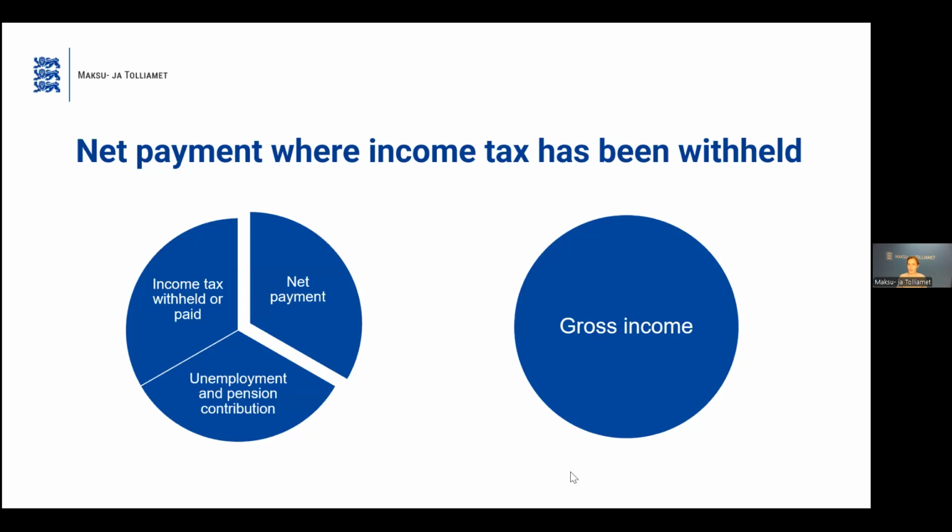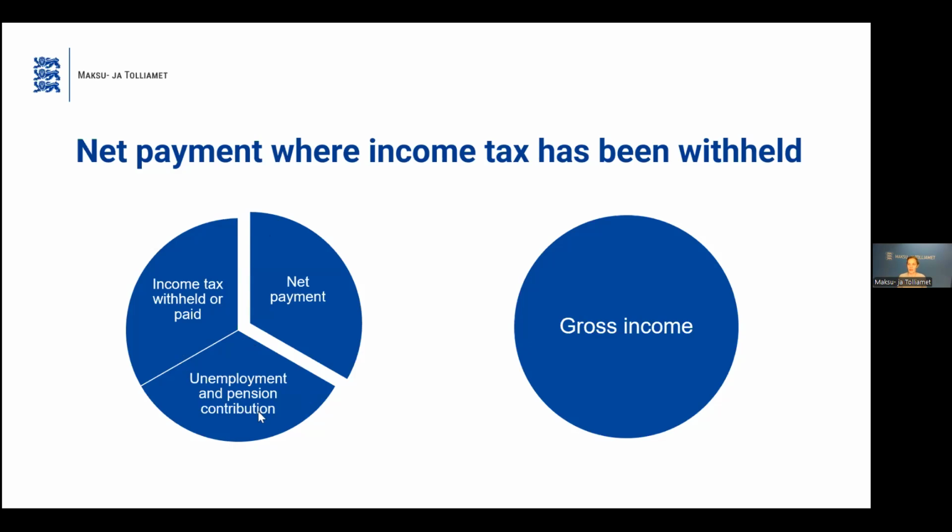So, if you have an Estonian payer in Estonia, for example an employer, they normally do not pay you gross income, but you should know that you already receive a net payment where income tax has been withheld, and in case of employment income, also unemployment contributions and compulsory pension contributions have been withheld.